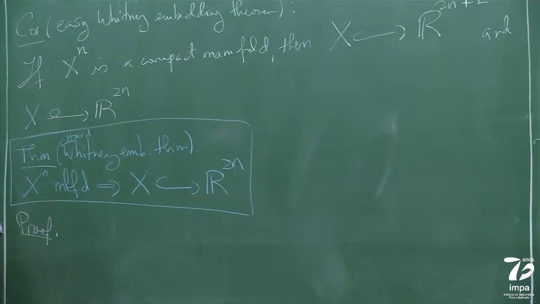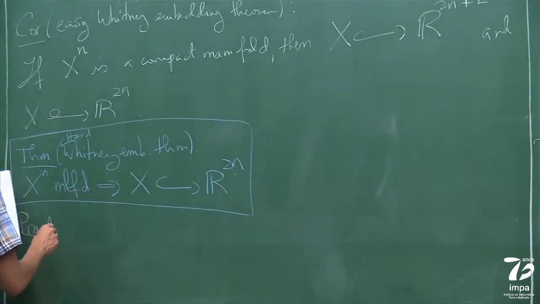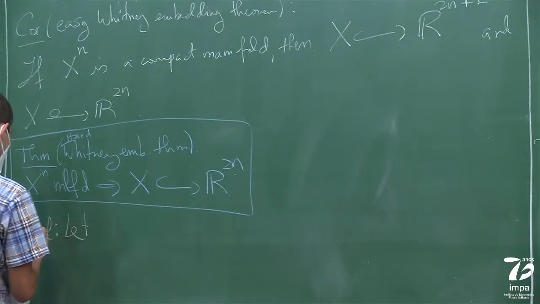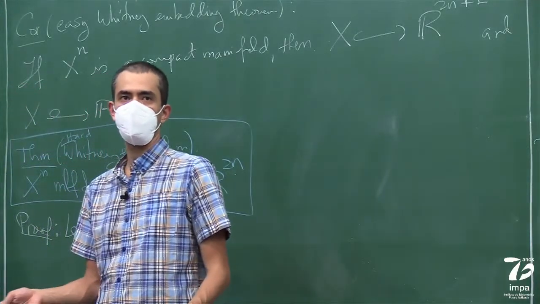First thing you notice is that you can always do that in a chart, in the domain of a chart, by definition of the chart. But the thing about it being compact is that you can do it for a finite number of charts.